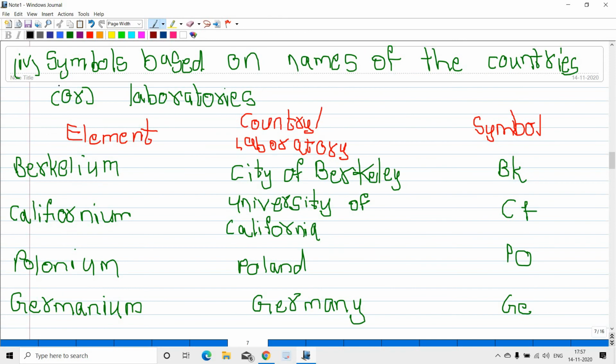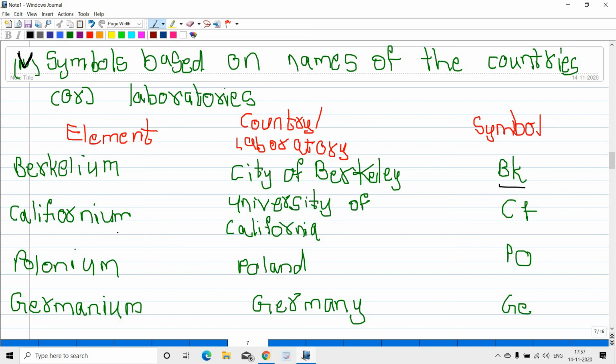Coming to the fifth one, symbols based on names of countries or laboratories. Some of the names are related to a country or a laboratory. First is berkelium, named after the city of Berkeley, and the symbol is Bk.